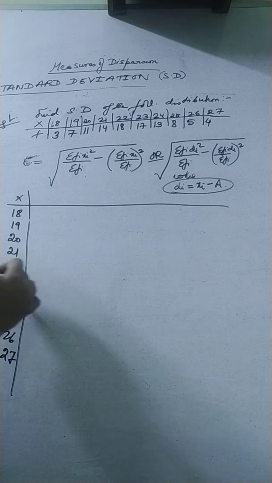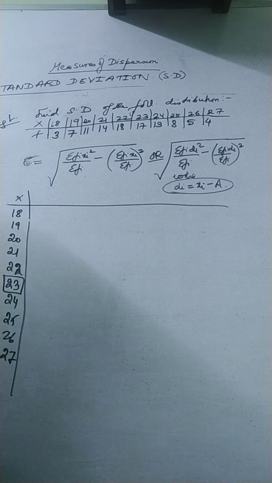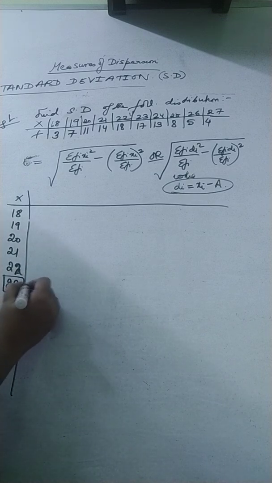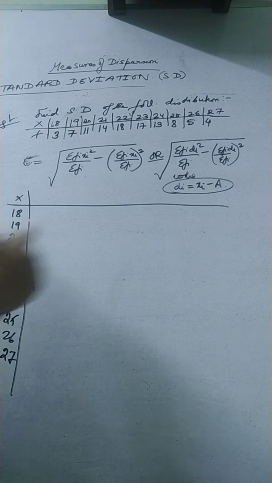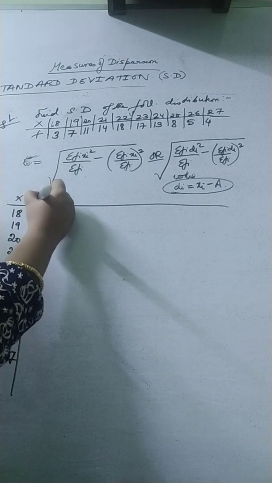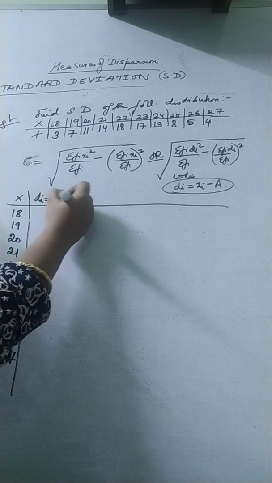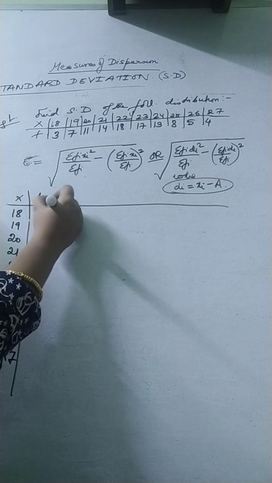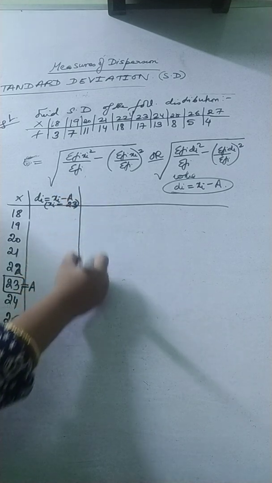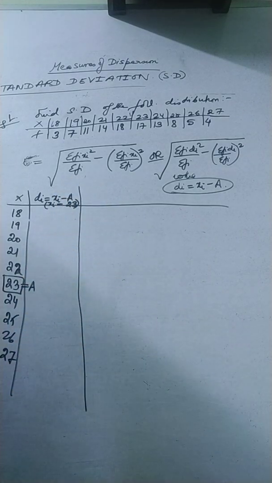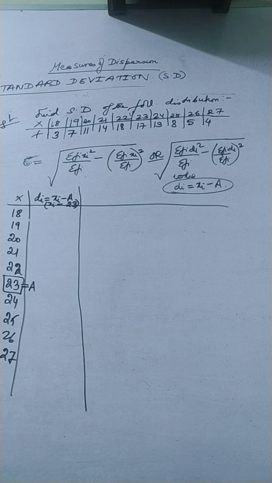More or less it's at the center. Mark it, 23, box it, and write this is equal to A. This is your assumed mean. Okay, so I need to reduce these values now. So let me reduce first, then I will write the f column because I'm going to use this formula. di is xi minus A, that is xi minus 23. This is what I want to do in the next column. Then I will copy the f and I will do the rest.